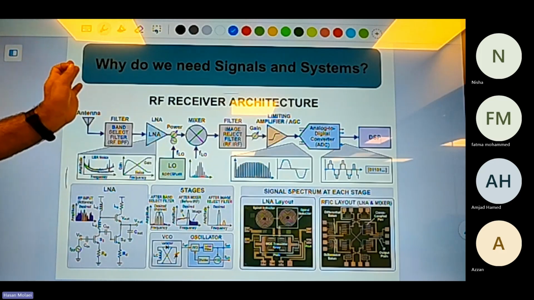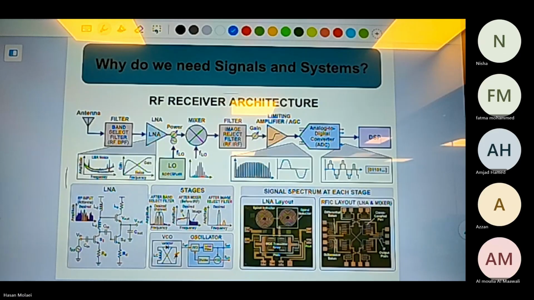Why do we do modulation? Transfer or saving for the distances. In fact, it's easier than the signal with lower frequency for long distances. In fact, we are using modulation.